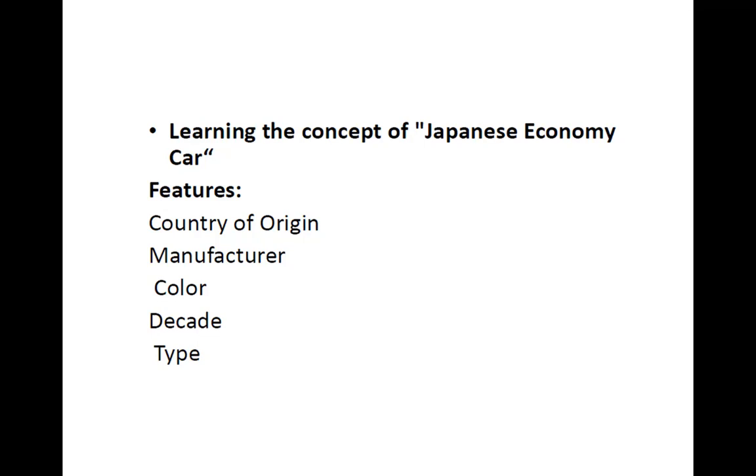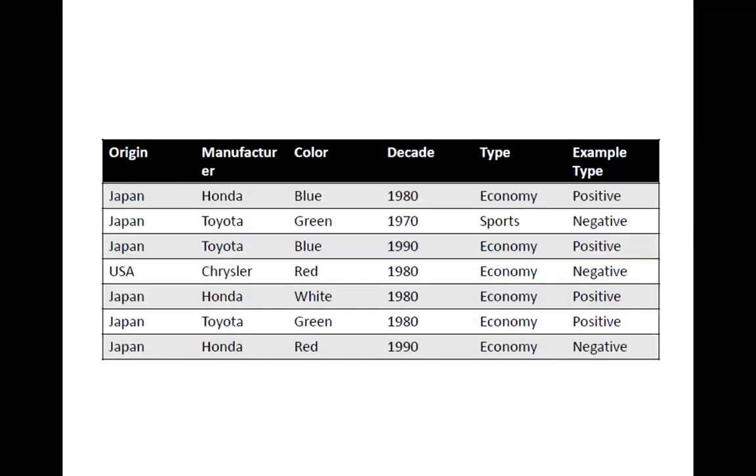The other features are manufacturer, color, year and type of car. So we have a data set like this: origin, Japan or USA; manufacturer, which company; color of the car; decade; and type of car, whether it's economy or sports. Is it positive or negative? You can see one example where the country of origin is USA, and it's negative.